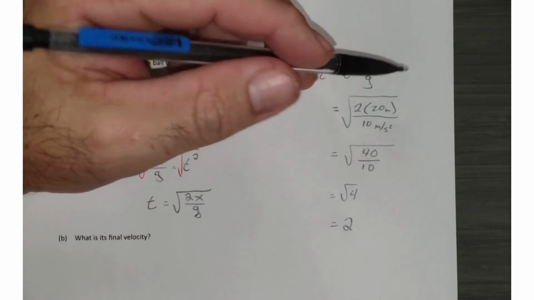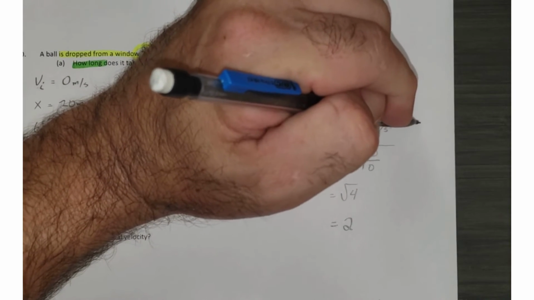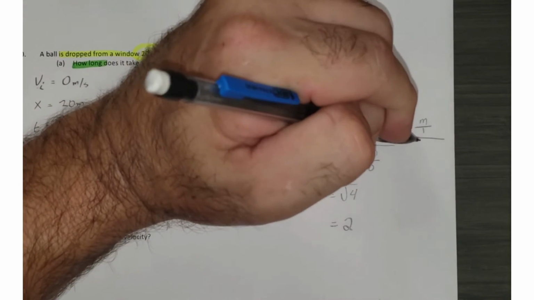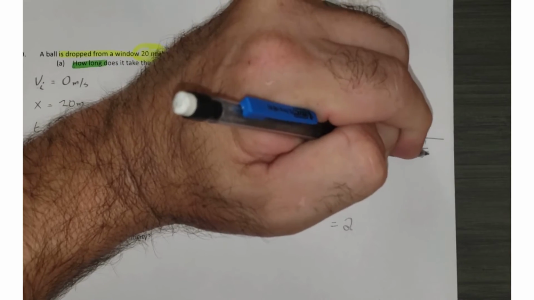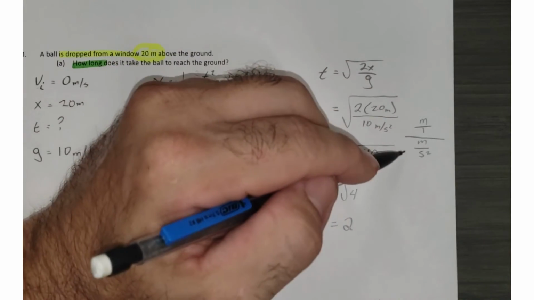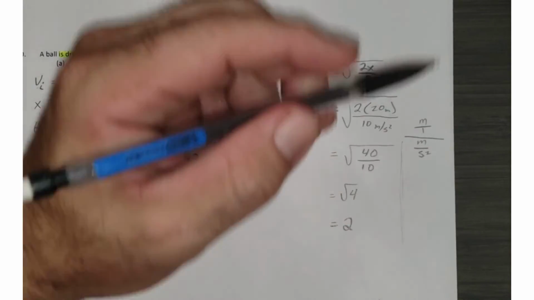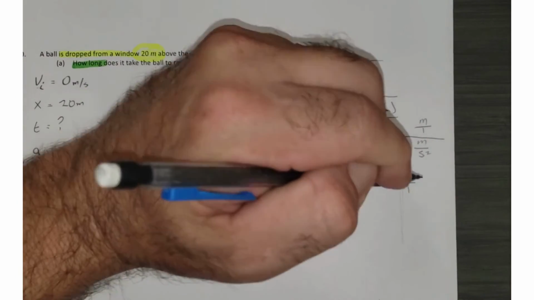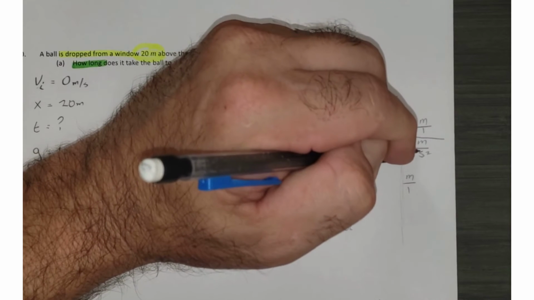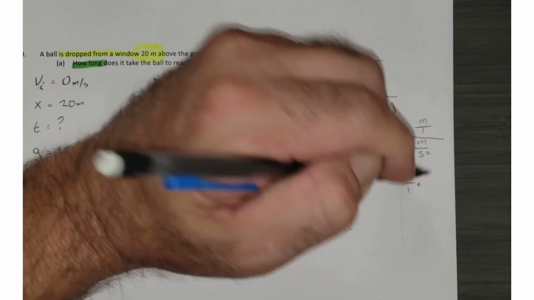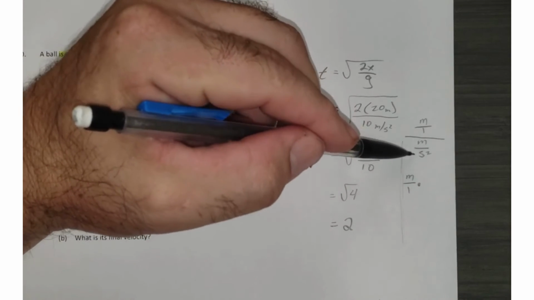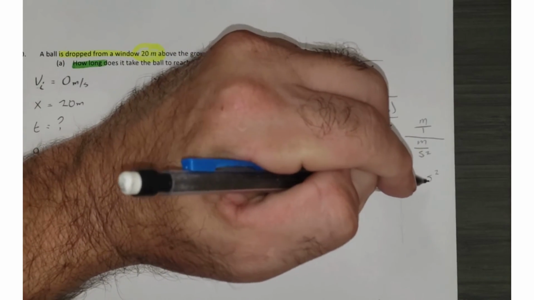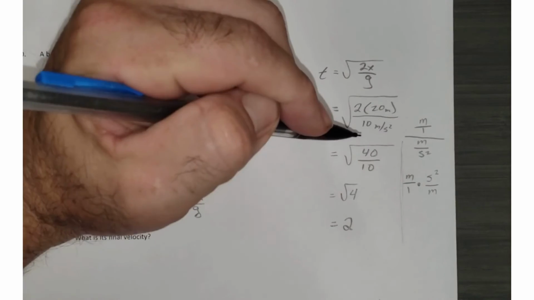What I have in this fraction is meters, which is over 1, and that's divided by meters per second squared. Let me draw a line here to keep this separate. What this actually looks like is meters over 1, and since we're dividing fractions, we can change that sign to multiply and flip the second term, so we use the reciprocal. So it's s squared over m.